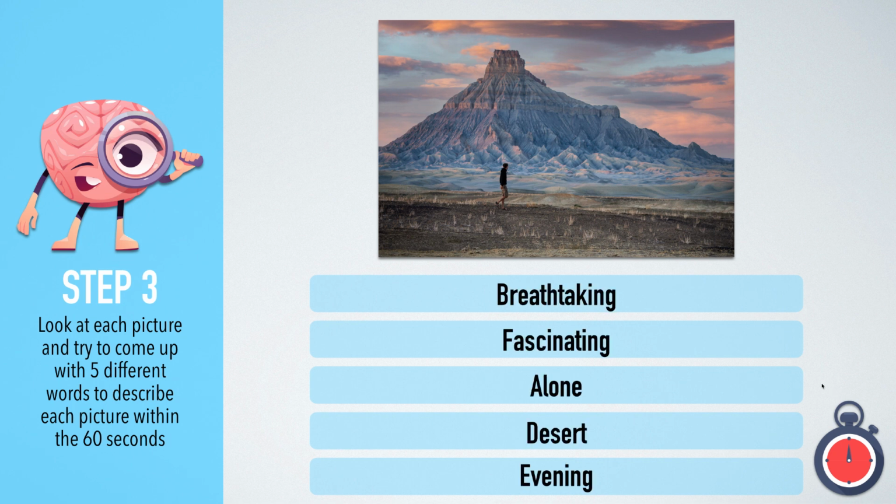So you see, I have breathtaking, fascinating, alone, desert, evening. And remember, you're trying to do this within 60 seconds for each picture. So the picture pops up and I say, breathtaking, fascinating. Give yourself 60 seconds per picture.